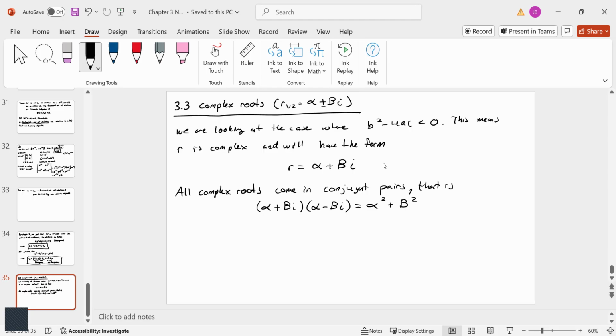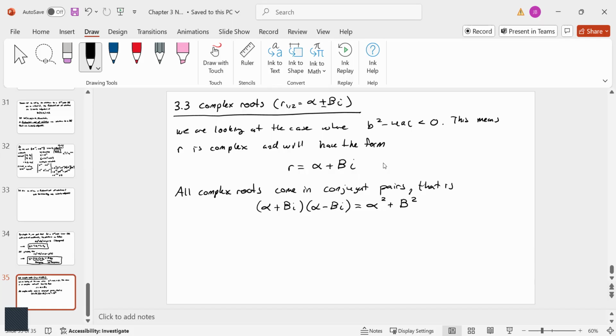So, if you've ever heard this, there is a difference rule for factoring with quadratics, but there's no sum rule for squares. Difference of squares is true, sum of squares is not true. Sum of squares only works for imaginaries, so it doesn't work for reals, right? So, this is just conjugate pairs, complex conjugate pairs, right?